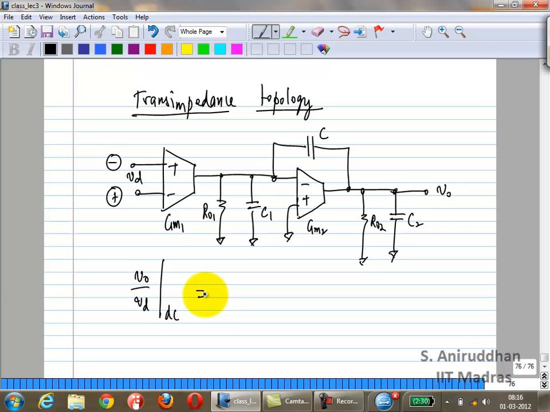First of all, what is the DC gain? GM1 RO1 GM2 RO2. It is just the product of the two DC gains.